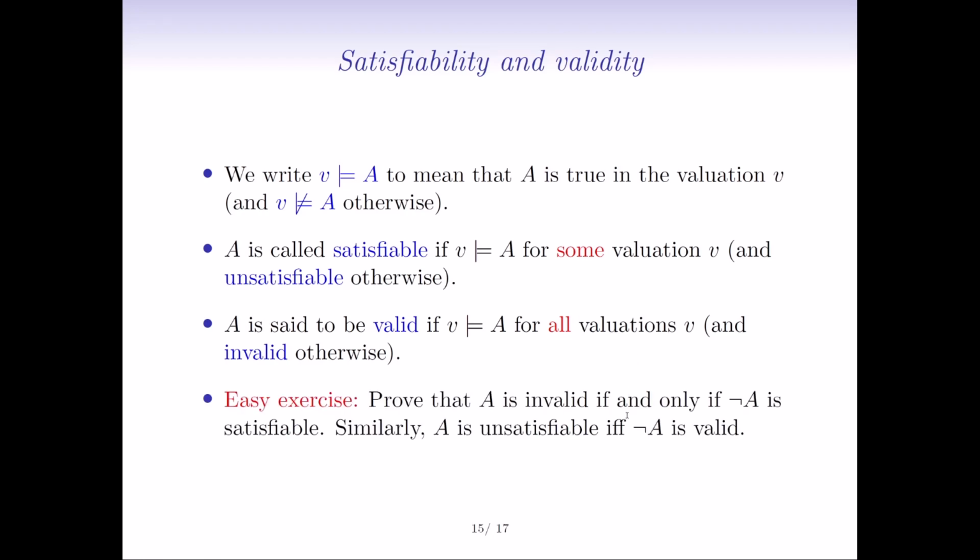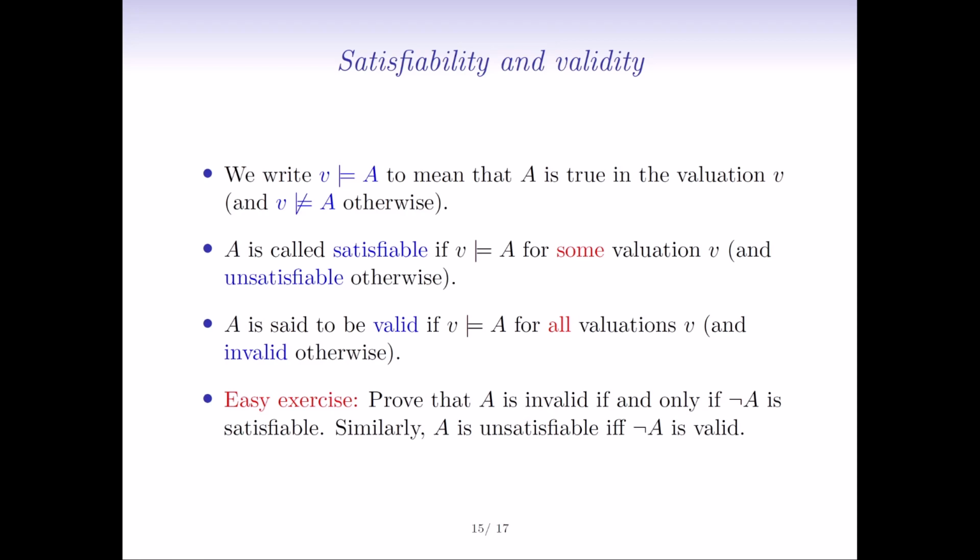By the way, it's quite easy to prove, and I would like you to try this as an exercise, that a formula A is invalid if and only if not A is satisfiable, and in a similar vein, the formula A is unsatisfiable if and only if the formula not A is valid.